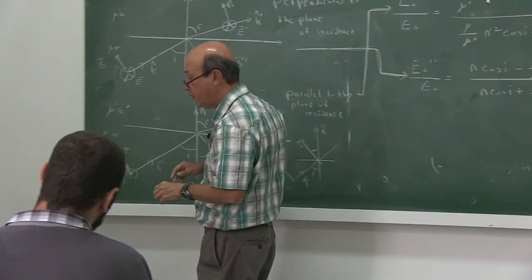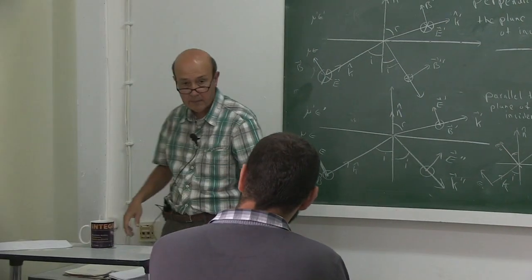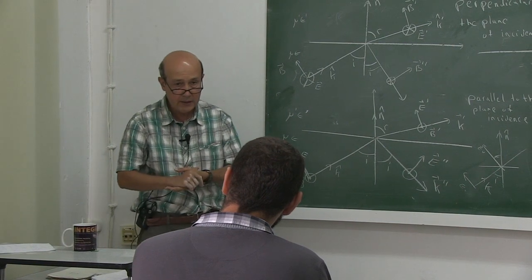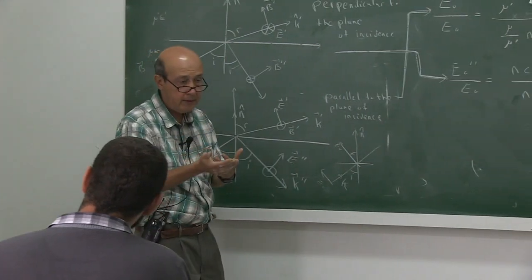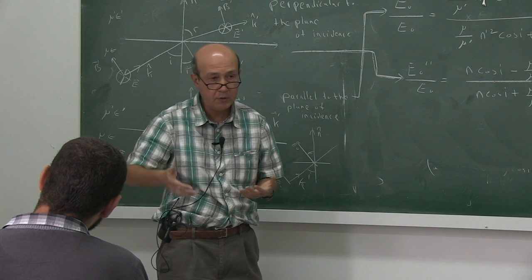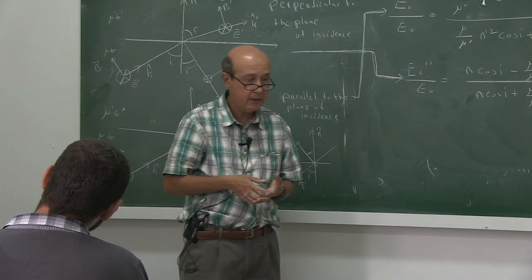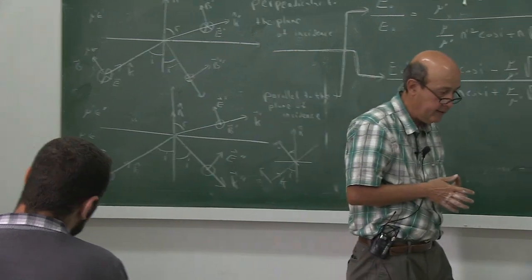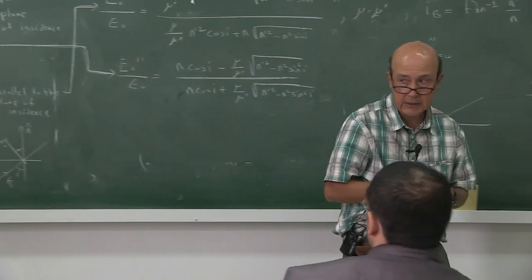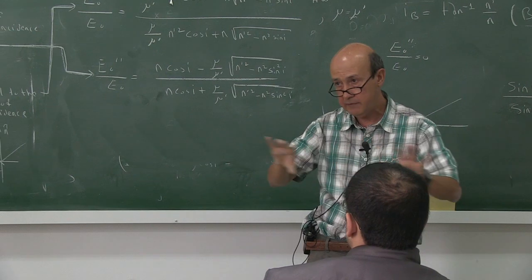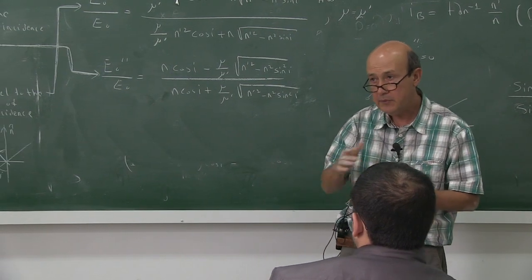That's all for today, and next time I'm going to start chapter 8. That will be where we first investigate the electromagnetic wave interacting with a conductor, and then we will study electromagnetic waves in a guide, which is called the waveguide. So that will be continued.